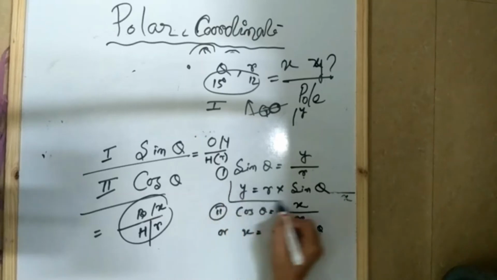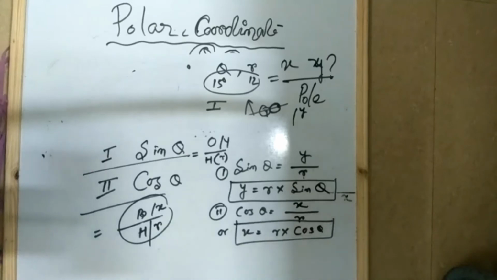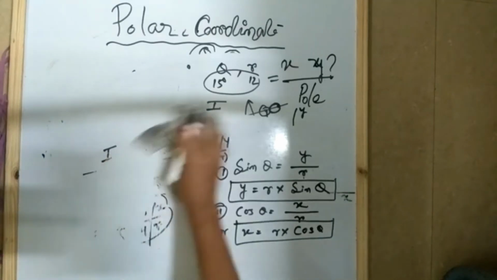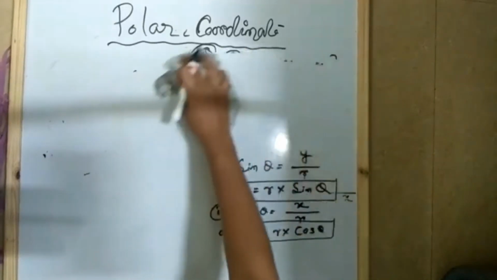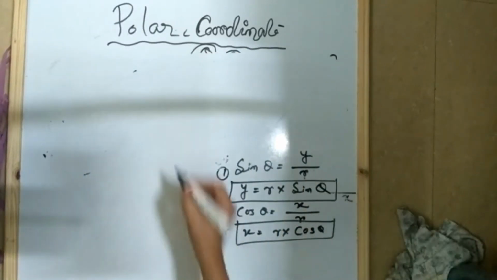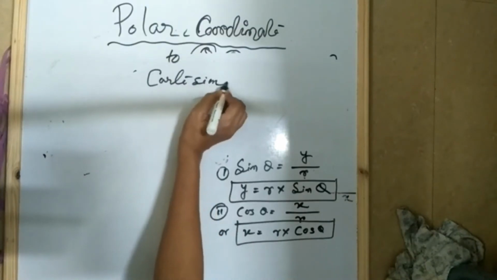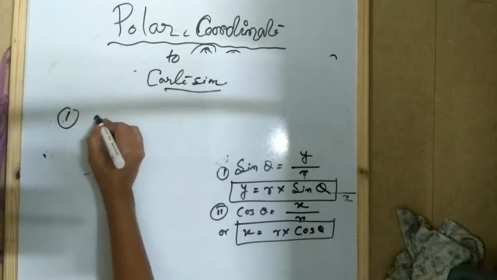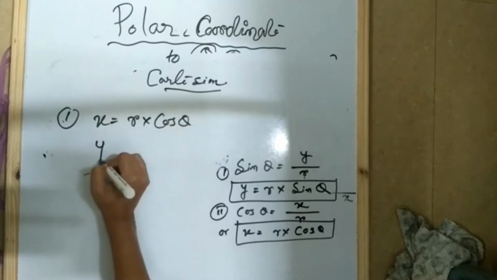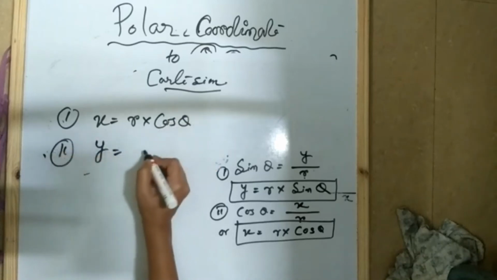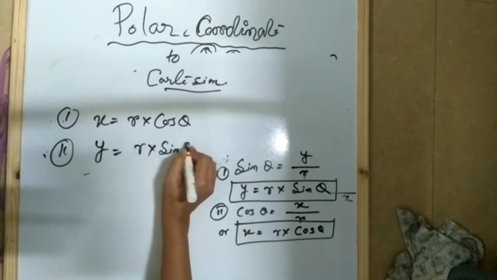Okay, then we are getting two formulas. You have to remember these two formulas for the conversion of polar coordinate to Cartesian or rectangular coordinate. x is equal to r into cos theta, and the second one, y is equal to r into sine theta.